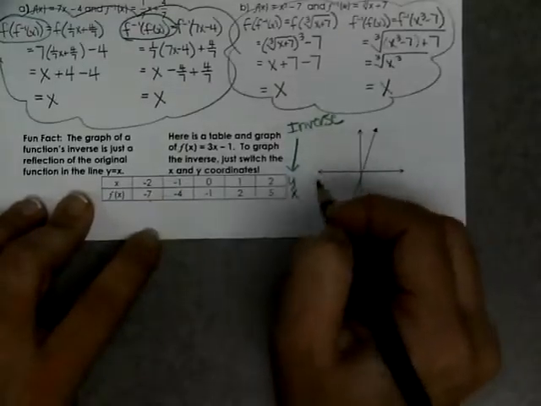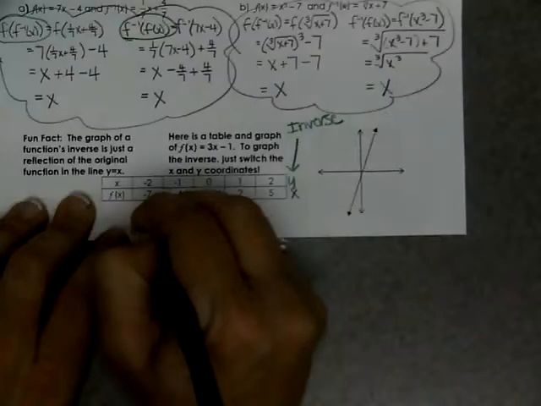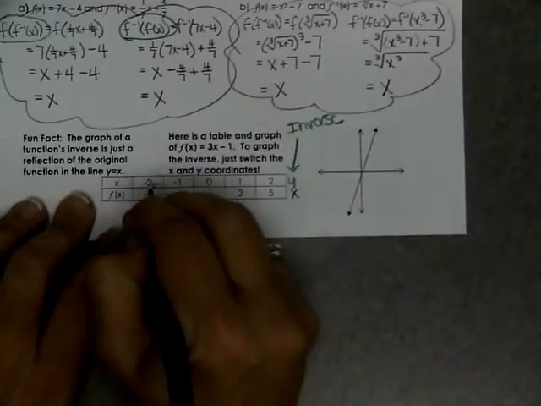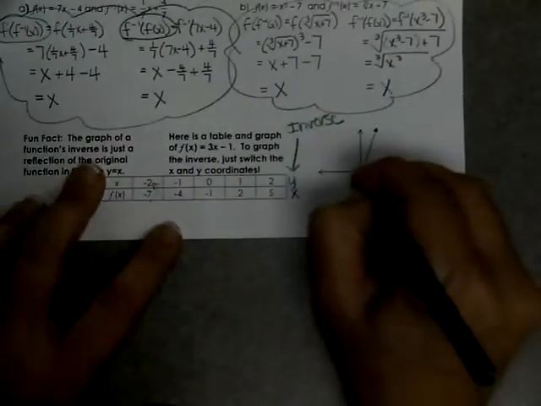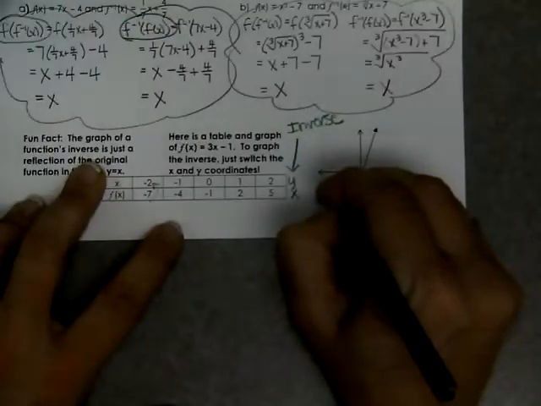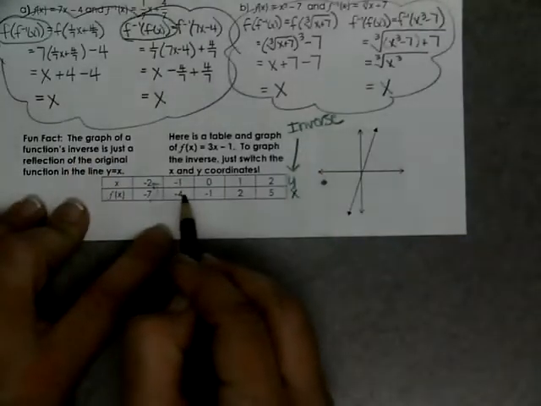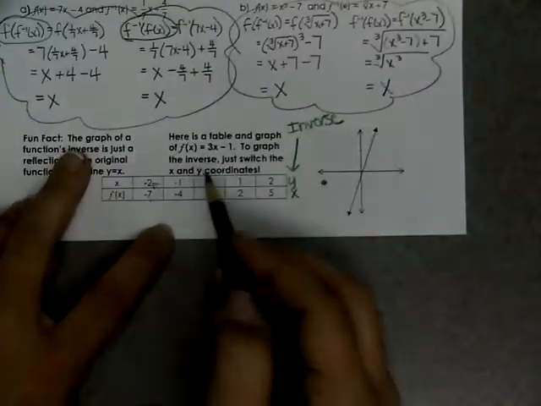So for the inverse, one of my ordered pairs would be negative 7, negative 2. So I could go to negative 7, negative 2, and plot a point. Then I would think about negative 4, negative 1.